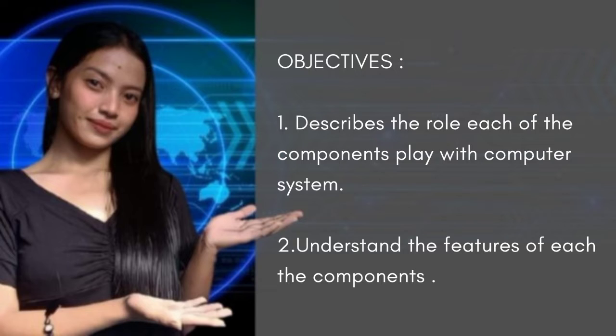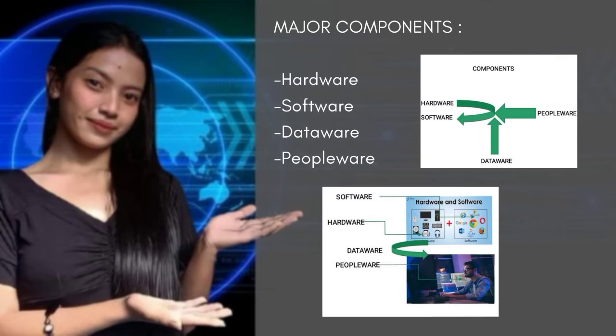A computer system is made of components, all elements that play a vital role in the accomplishment of computing-related tasks. So, a computer system is made of four major components, namely hardware, software, dataware, and peopleware. Peopleware components act as the human face that brings the computer to a functioning and productive existence.